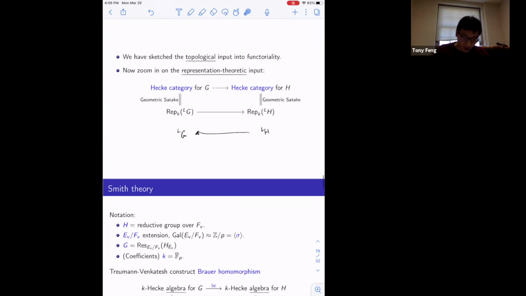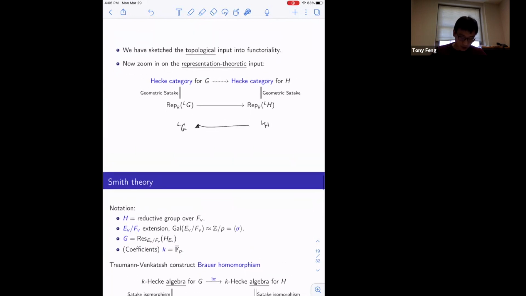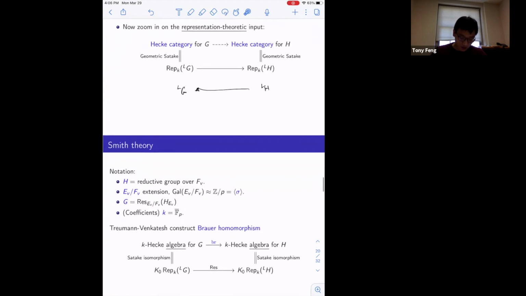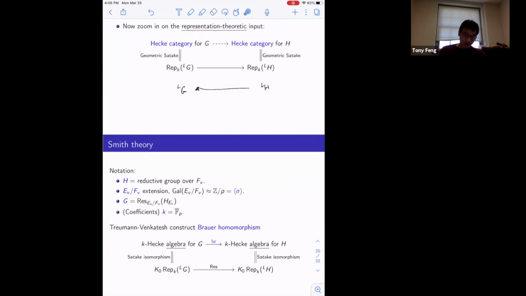I told you I'm after a certain functor of Hecke categories, which corresponds to a restriction functor on representation categories of the dual groups. There's actually a decategorified version of this question, and that was solved by Treumann and Venkatesh. They constructed something called the Brauer homomorphism, which is a map of Hecke algebras.